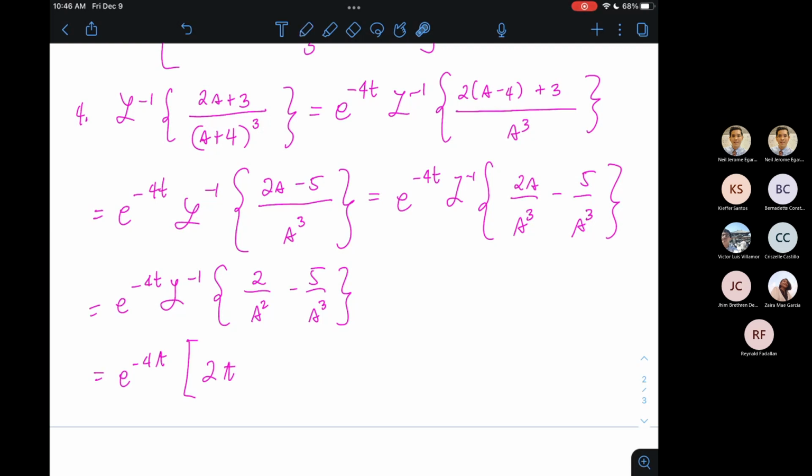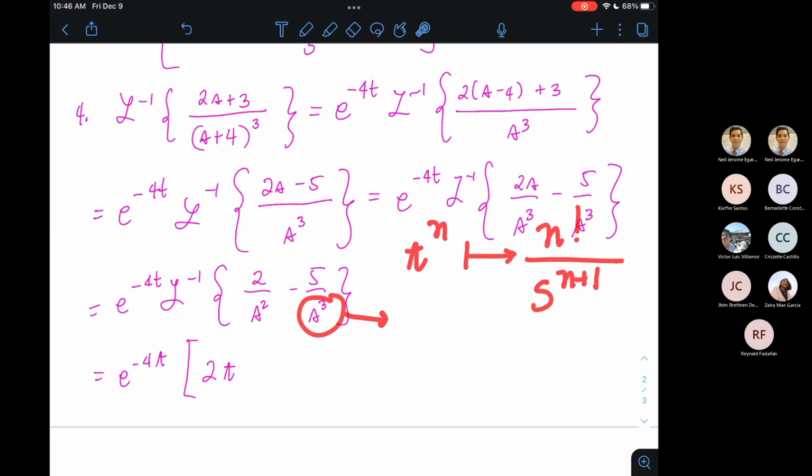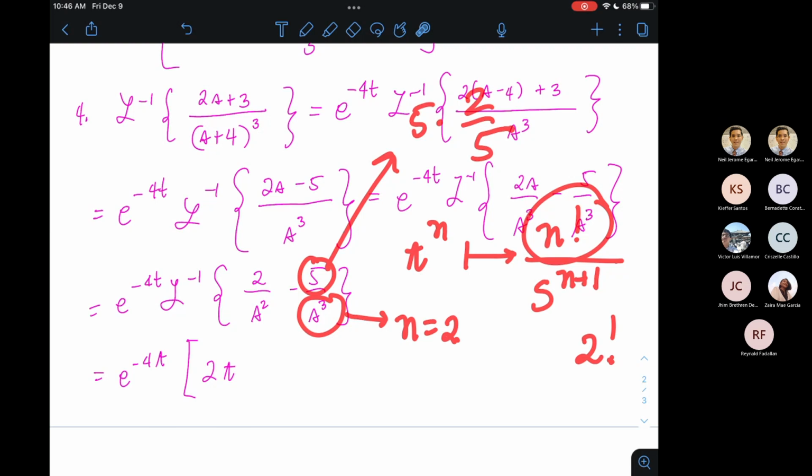Dito sa pangalawang term, remember, ang target ko uli ay ang Laplace transform ng t to the n ay n factorial over s to the n plus 1. Dun sa pangalawang term, ang n plus 1 ay 3. So that means n is equal to 2. So we need the 2 factorial in the numerator. But 2 factorial is 2. I have a 5. So I can write 5 as 5 times 2 fifths. Sorry, baliktad.